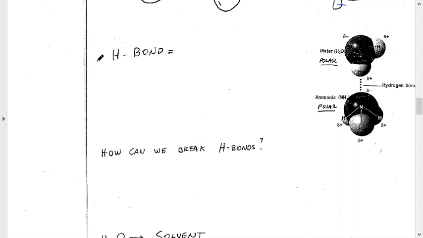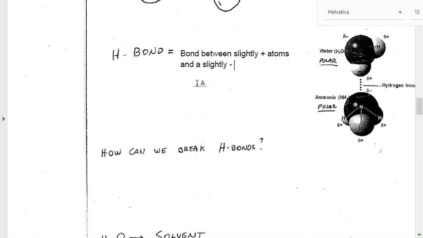So we actually never defined an H bond, so let's go ahead and define it, and I think I can actually type this out. Probably should have been doing this the whole time. But an H bond is a bond between slightly positive atoms and a slightly negative atom of a different molecule, and that's key.